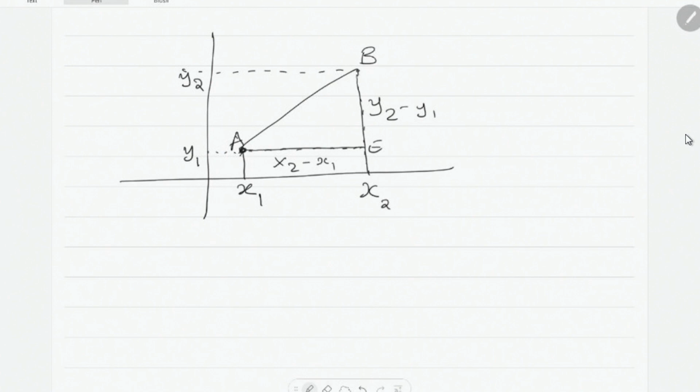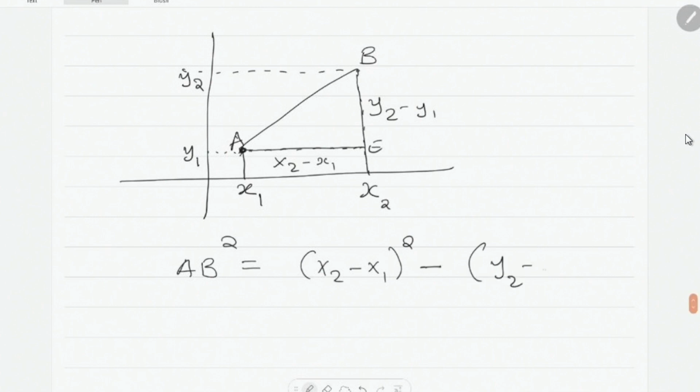So using Pythagoras theorem, AB squared will be equal to X2 minus X1, squared, plus Y2 minus Y1, squared.